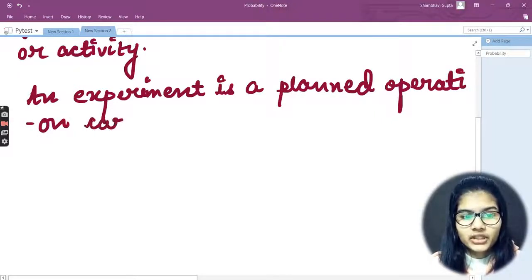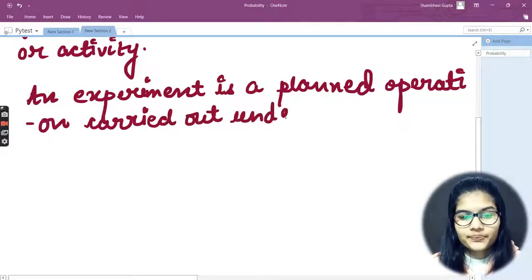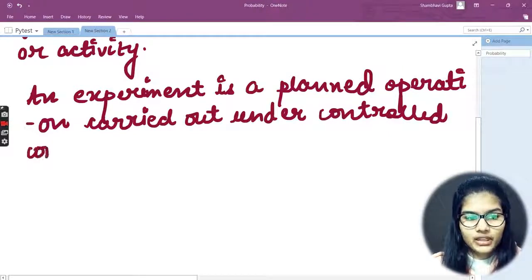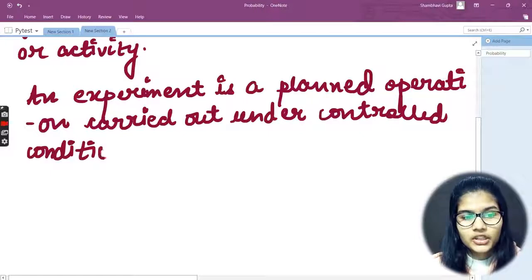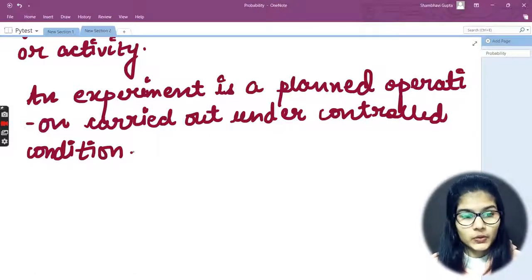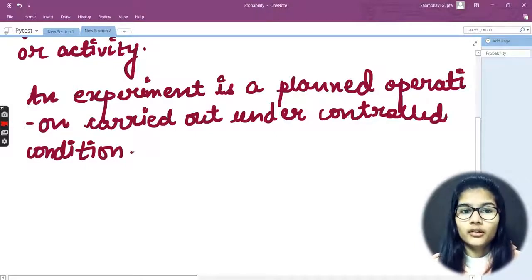It's a planned operation carried out under controlled conditions. So what an experiment is, it's a planned operation that is carried out under controlled conditions. This is what we actually mean by an experiment. Pretty clear, I guess.